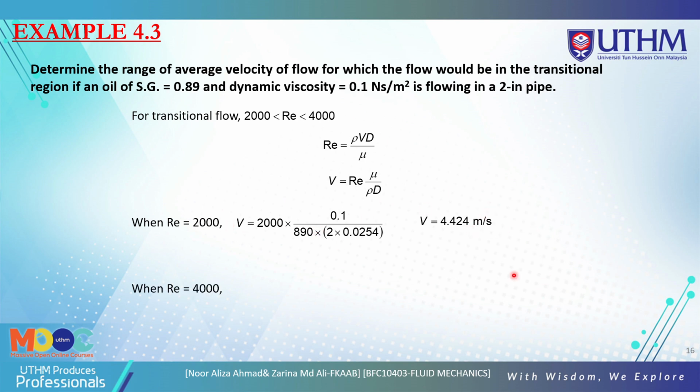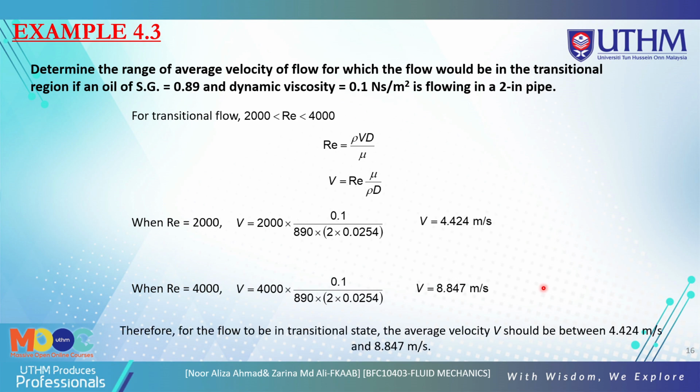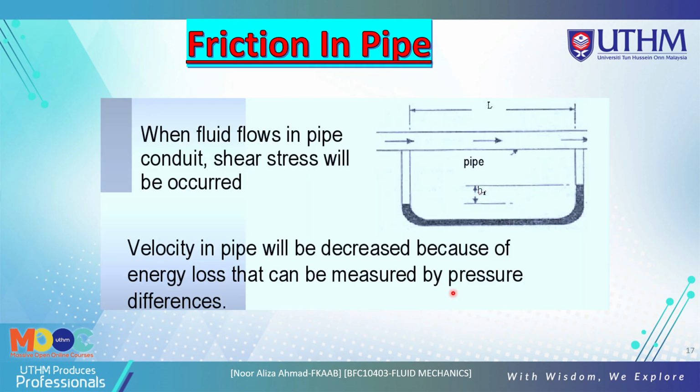When Reynolds number is 4000, the velocity is 8.847 meter per second. So for the flow to be in transitional state, the average velocity is between 4.424 meter per second and 8.847 meter per second.